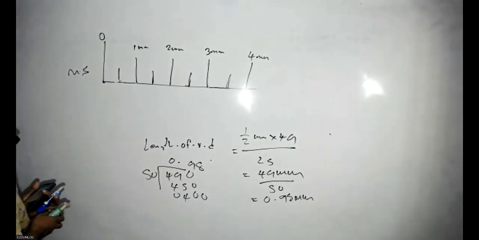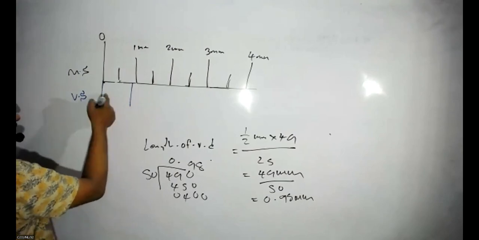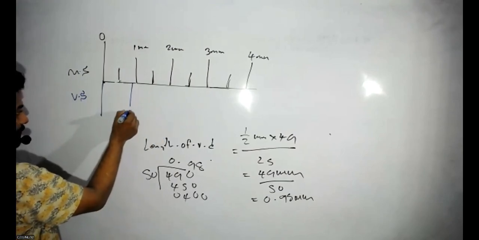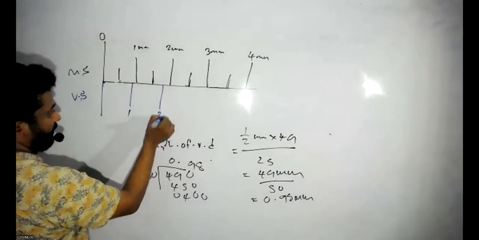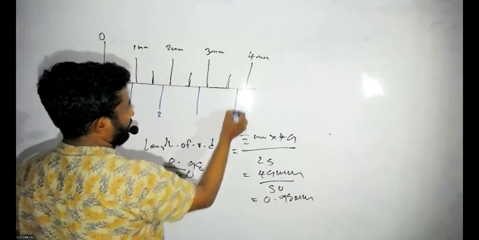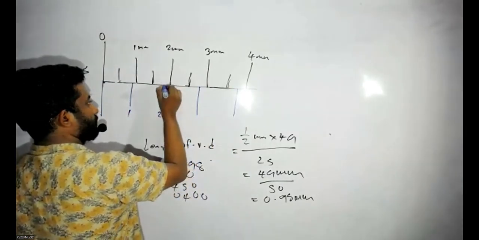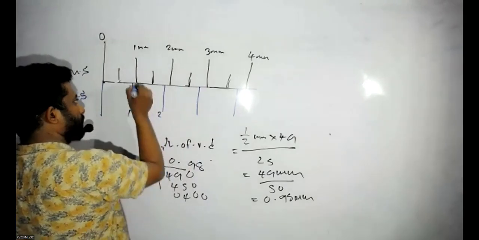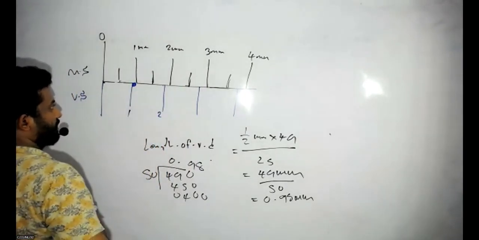Now you can identify the length of the first division. This first division is 0.98, no? Then the second vernier division, third vernier division, fourth vernier division. Right. This one is the least count.